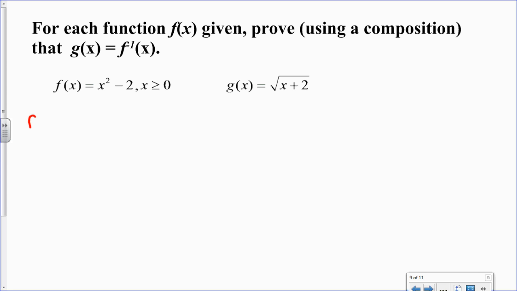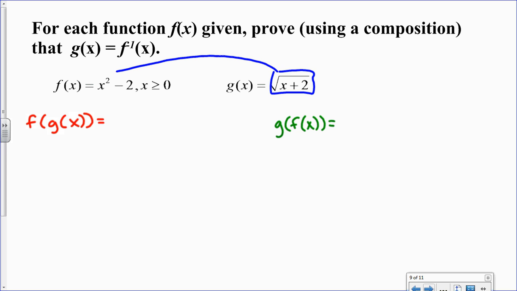Okay, so I have to do f of g of x and g of f of x. Alright, so first one is to plug g of x into f of x.